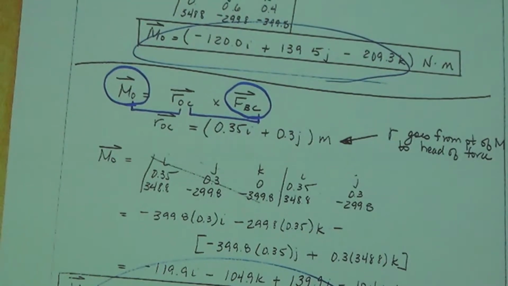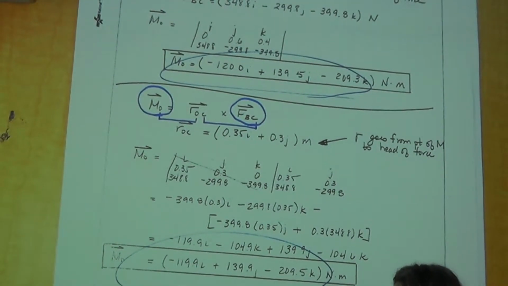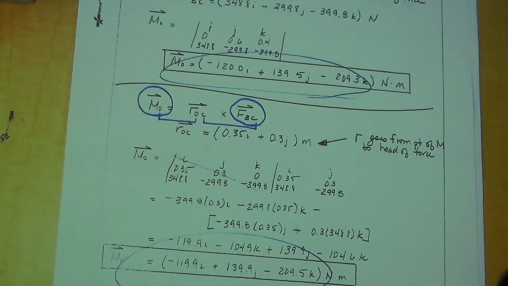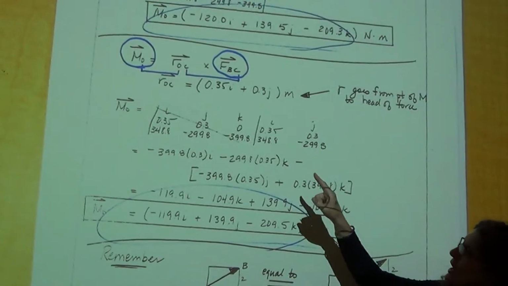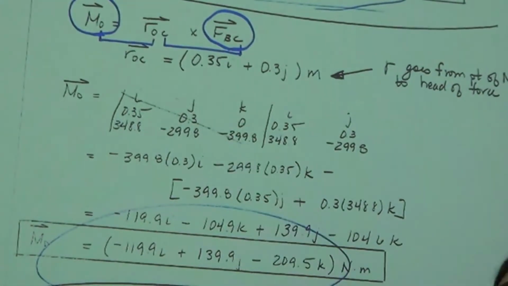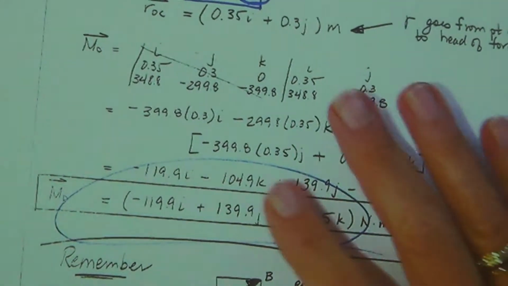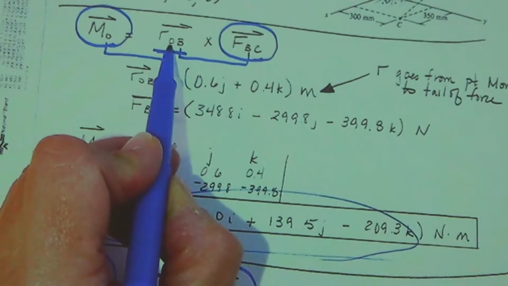Because remember, when a force goes from A to B, it's not just a magnitude, it's a magnitude and a direction. Really, B could be considered its tail too. It's still pulling in that direction. So that means that you could find R to any point along the force. But the beginning point of the R has to be what point?